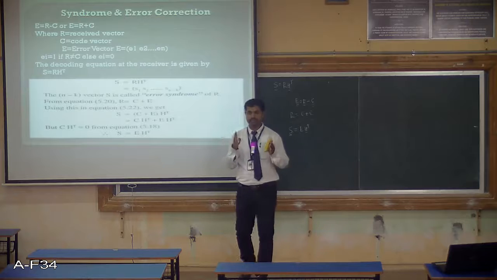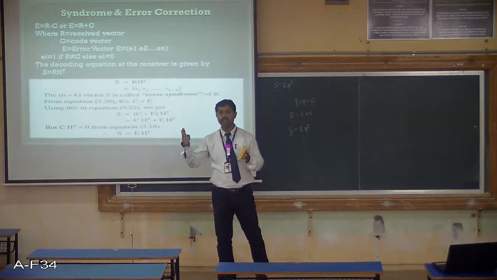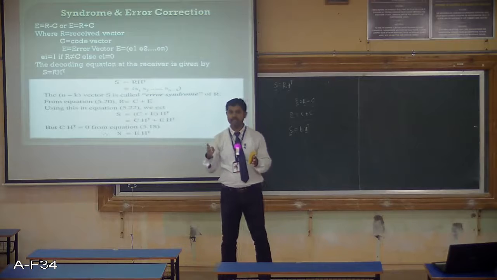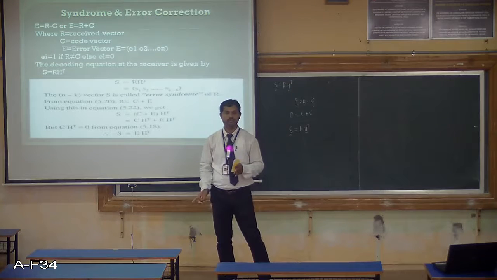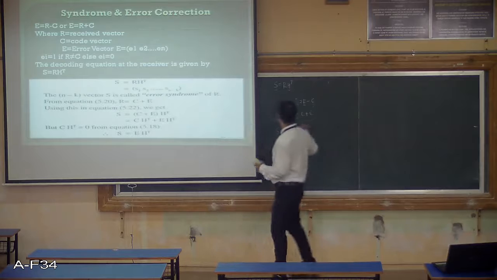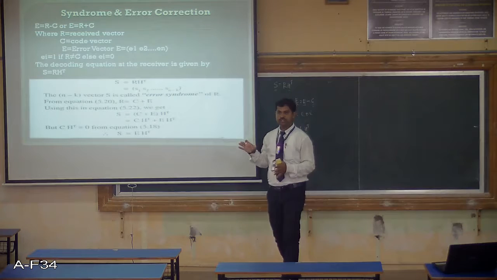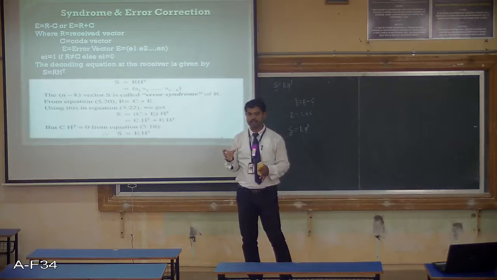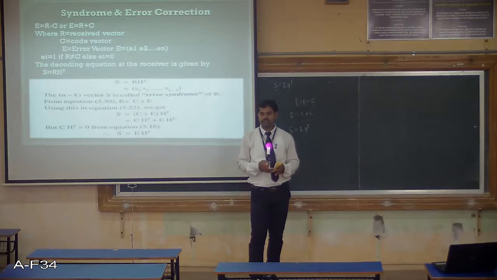This is the procedure to correct the errors. First you need to find a syndrome. Using the syndrome I can find the error vector E. If you know E, with the help of the received sequence and E, I can correct my code vector C. So this is the procedure for how we can detect and correct the errors. The same thing we can implement with a decoding circuit.